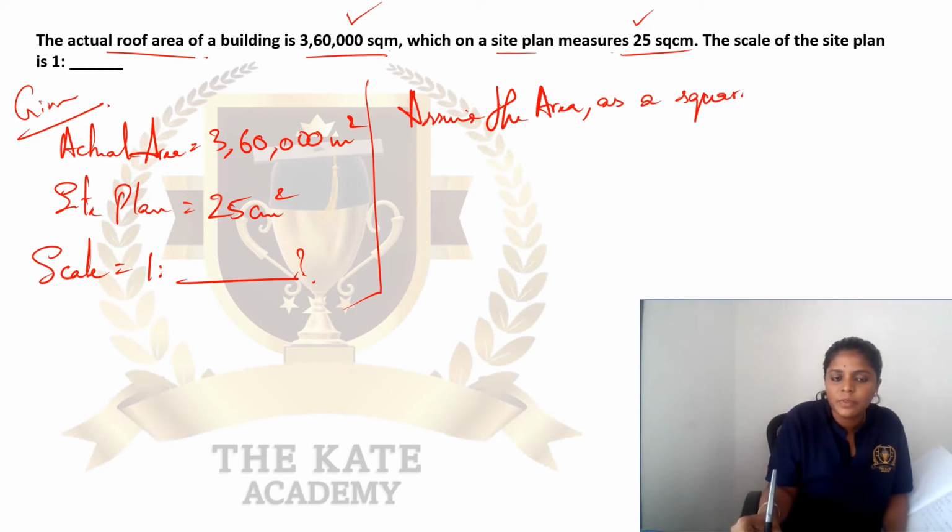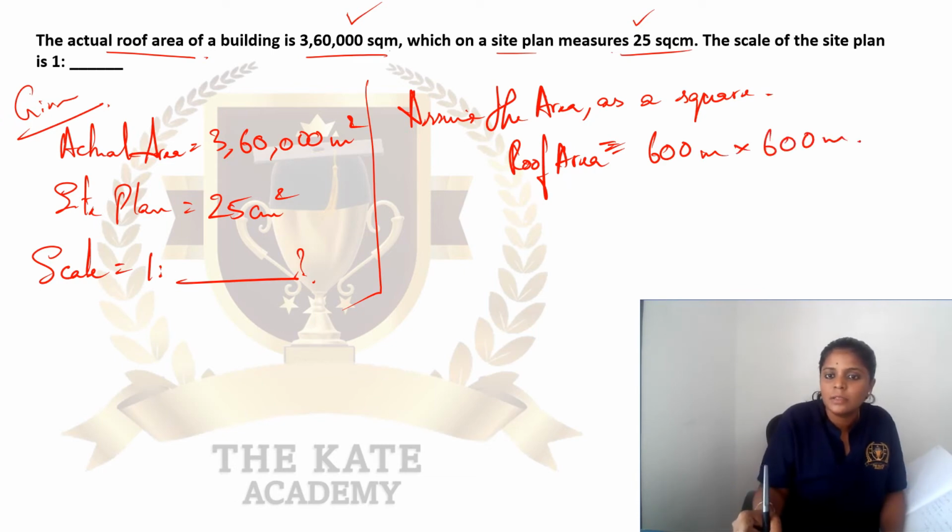That becomes the roof area as 600 meter into 600 meter. Then only you will get an area of 3,60,000 meter square.